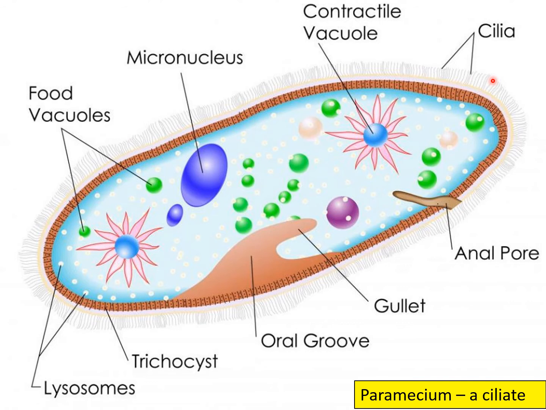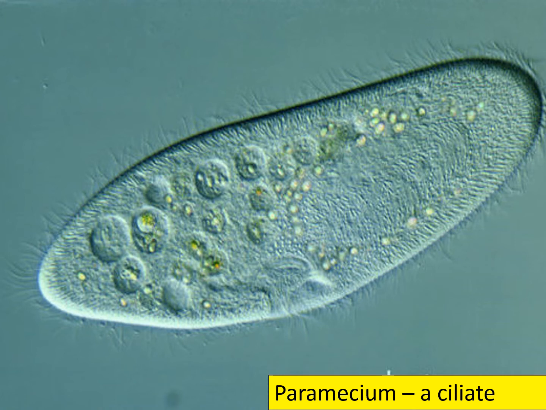For example, the cells which line your breathing tubes, we'll talk about them more in the body systems topic again, have little cilia to flick any particles of dust and bacteria back up out of your breathing tubes. And here is a paramecium as seen down a light microscope.